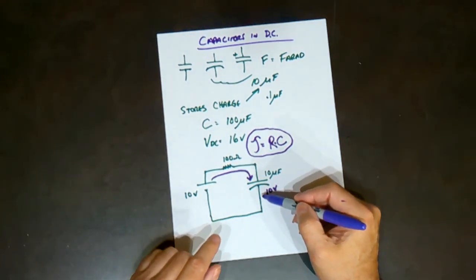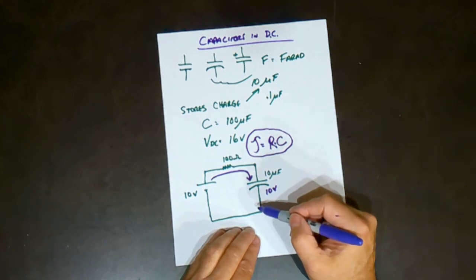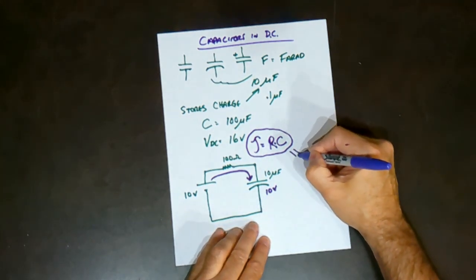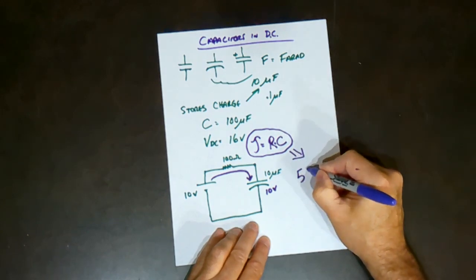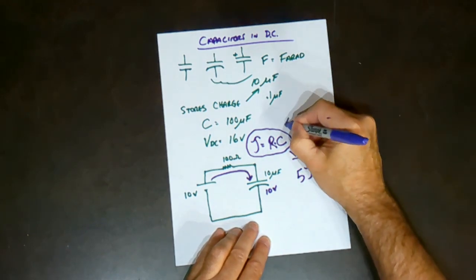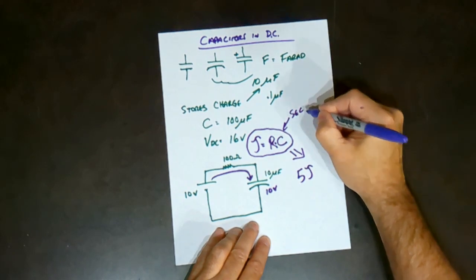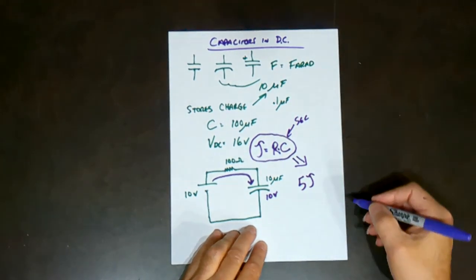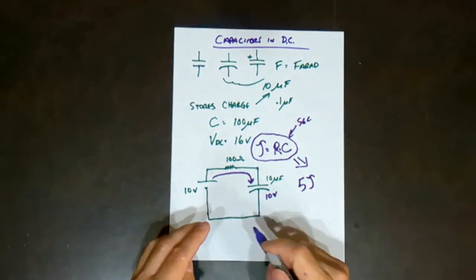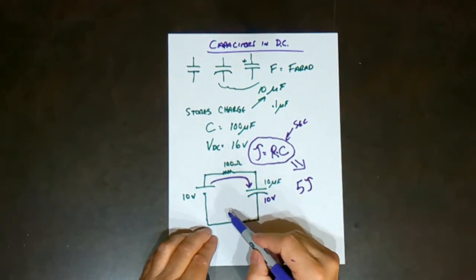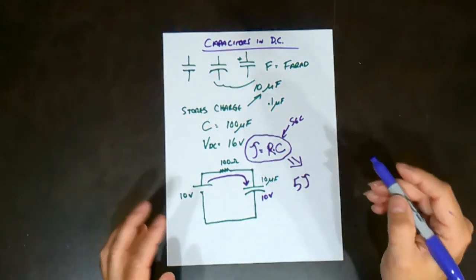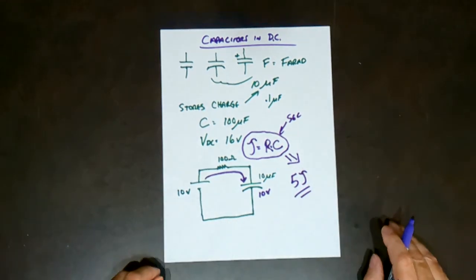In order for a capacitor to go from zero or empty to full charge, it takes 5 tau. Now a tau's unit is in seconds. It's a measurement of time. So in order for the capacitor to be charged from 0 to full charge, it takes 5 tau.